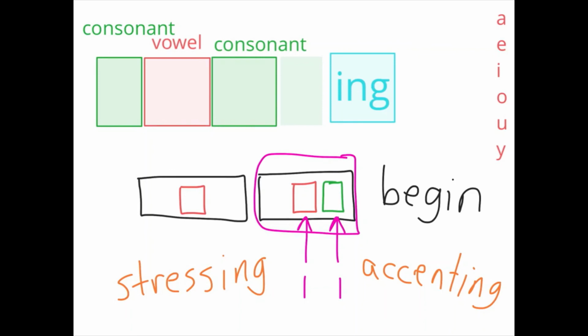Well, we say begin. So the second syllable is the one we are stressing or accenting. And I'm going to put an accent over that second part of the word. Begin. All right, let me get rid of some of this on the page.